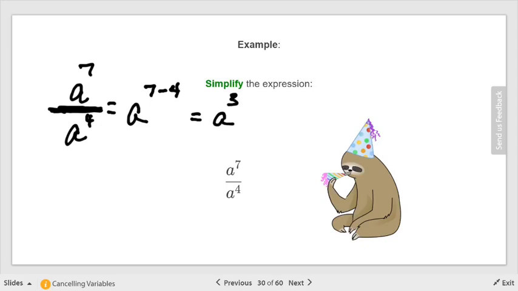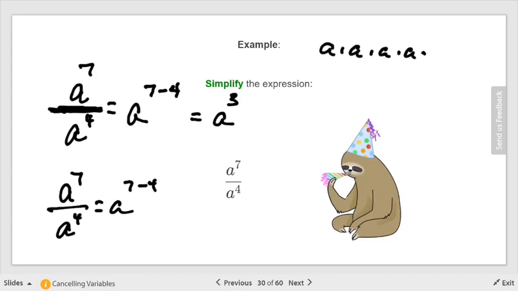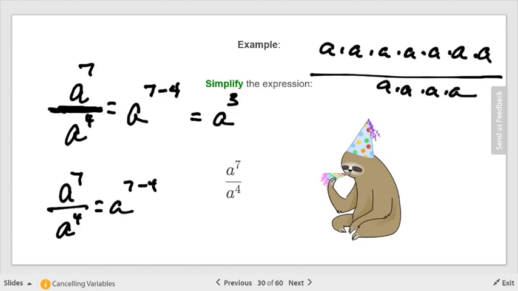That's from our last lesson. Anytime you have variables with the same base, you keep the base and subtract the exponents. Remember, that means a times a times a times a times a times a, six of them, over a times a times a times a. Every time they match, they turn into a 1.